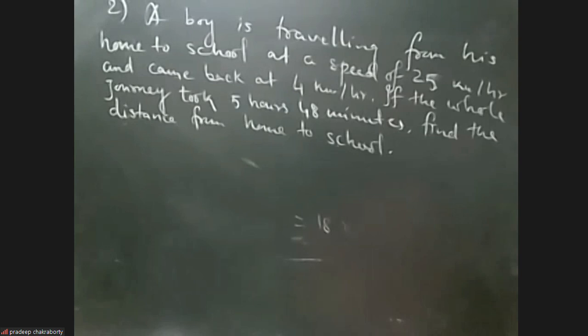Please use the average speed formula. You get the total distance first, and then you divide this distance by 2, so you get the distance from home to school.